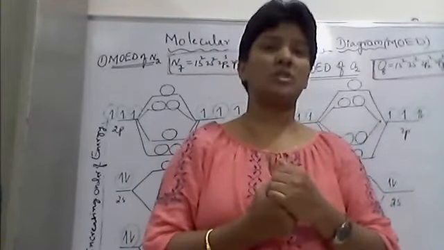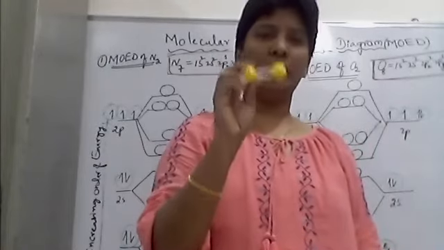According to VBT, valence bond theory, when the O2 molecule is formed by overlapping of its atomic orbitals, it is believed that between the two oxygen atoms, now consider these two yellow balls. These two yellow balls are oxygen, and between these two I have kept two sticks, meaning O2 has the O=O double bond.